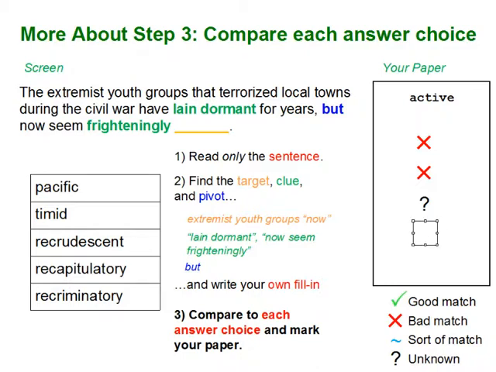And then I can say, how about recapitulatory? Shoot, I know I've heard the word recapitulate used before. I never use that word in my daily speech. I don't really know what it means. And recriminatory, wow, it looks kind of like criminal. So that may make it appealing in that kind of way, but I really actually don't know the word. So I have to put a question mark there.